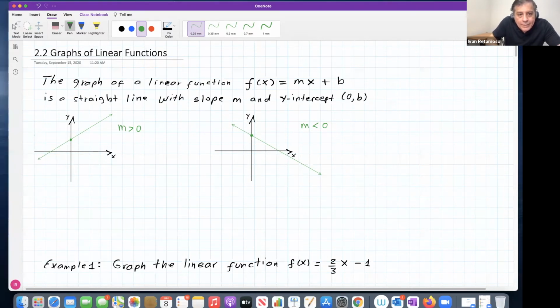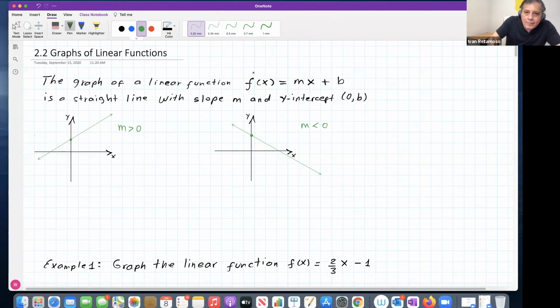This is a straight line with a slope m and with y-intercept 0, b, right? 0, b is the y-intercept. Sometimes mathematicians say y-intercept b. It's kind of an abuse of notation, but in reality, the y-intercept is an ordered pair, right?